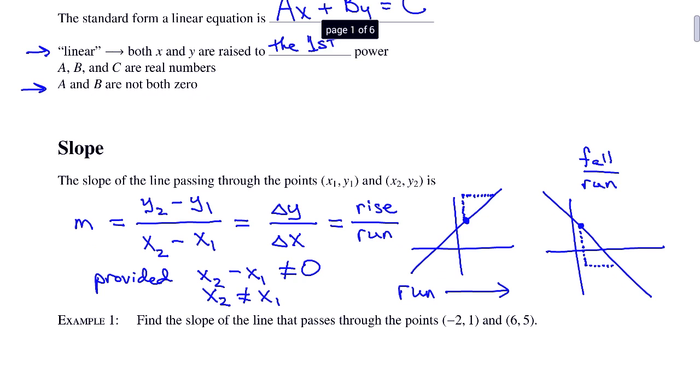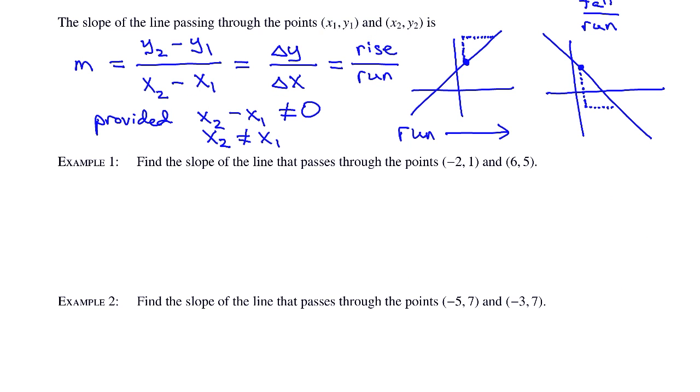In example 1, find the slope of the line that passes through the points (-2, 1) and (6, 5). So let's write the slope formula. m is equal to y2 minus y1 over x2 minus x1.